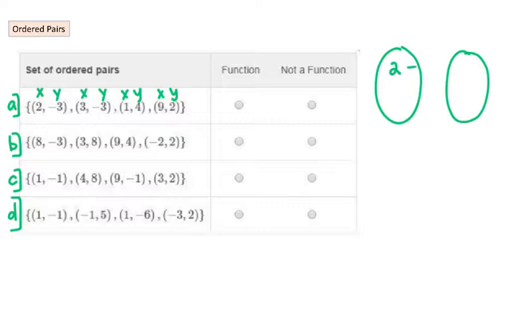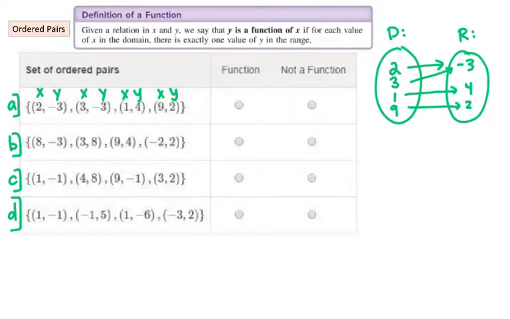So for example, 2 would go with -3. 3 is also going to go with -3. 1 goes with 4. And in this case, 9 goes with 2. There's your domain or your inputs. There's your range and your outputs. And the question is, and I'll put that definition of a function up again, we need to know that every input or every element in the domain goes to exactly one output.